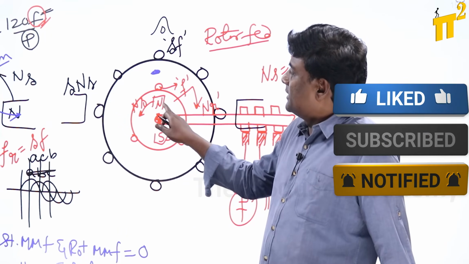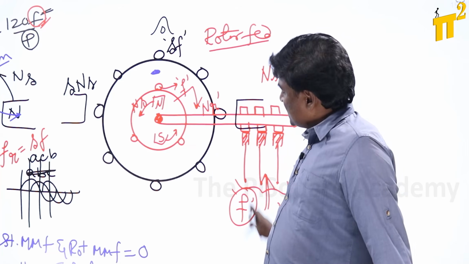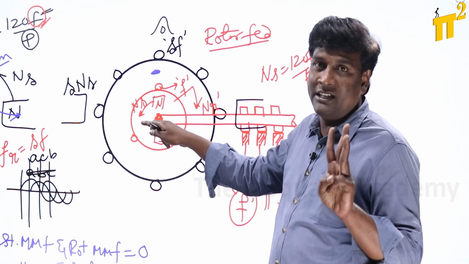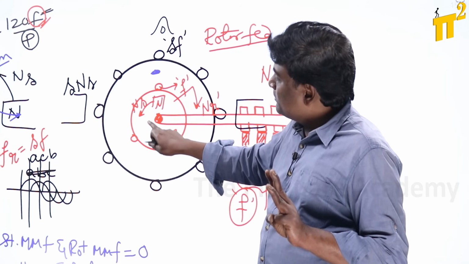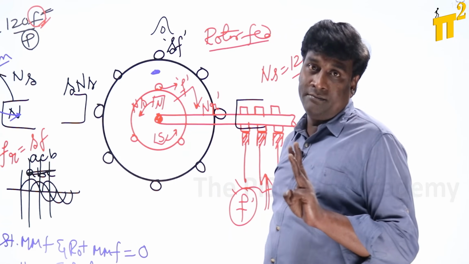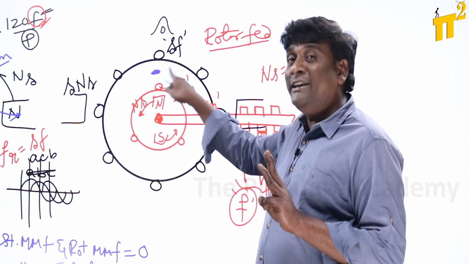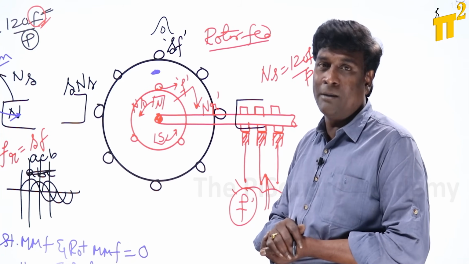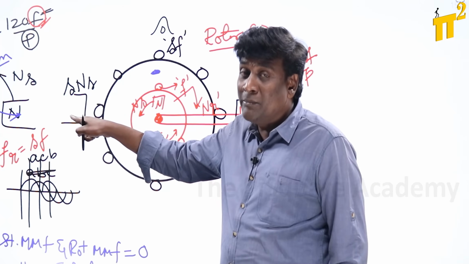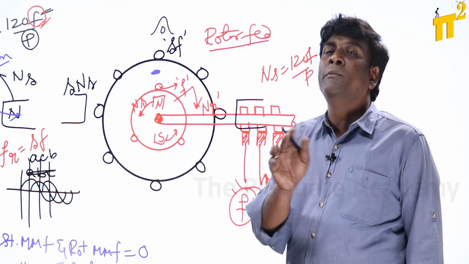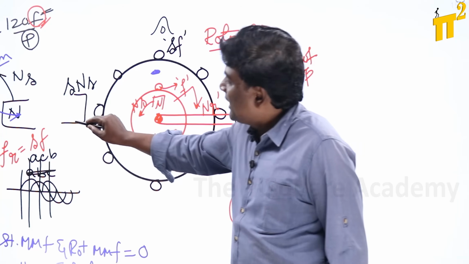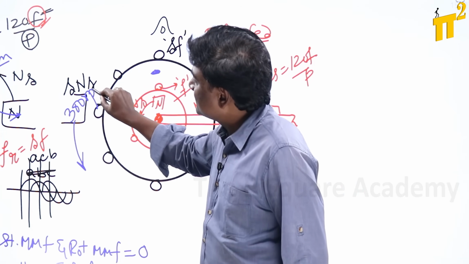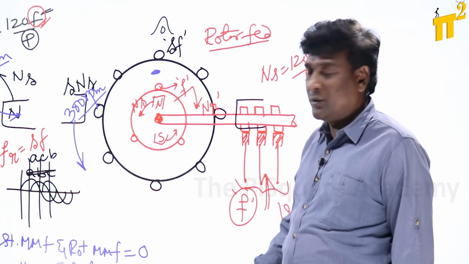Let me check here. My rotor MMF with respect to the rotor is rotating in this direction at 3000 rpm, and you are sitting here. My rotor is rotating in the opposite direction at 2700 rpm. So my stator MMF, such that stator MMF and rotor MMF are stationary with respect to each other, has to rotate in this direction at 300 rpm, or S Ns.